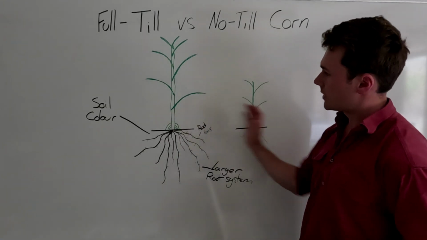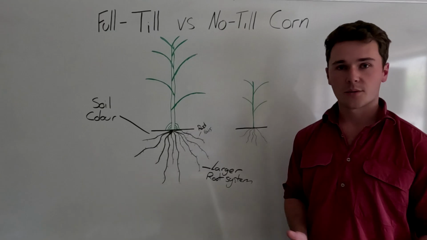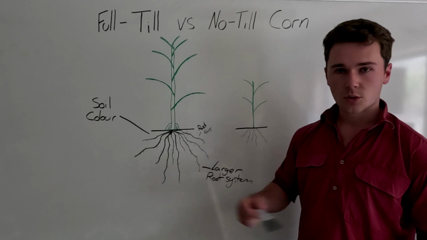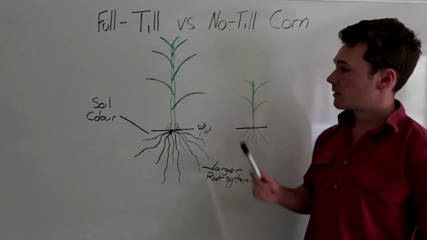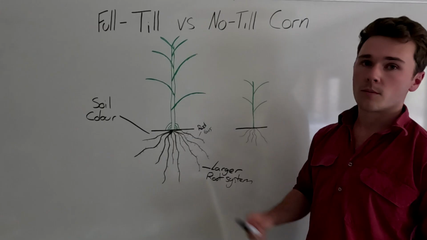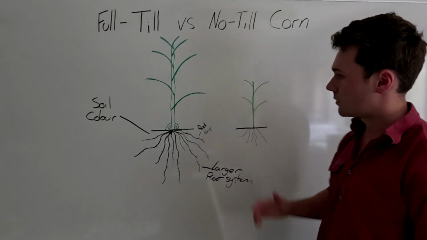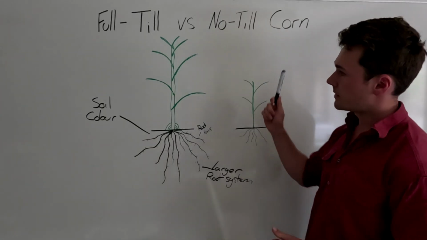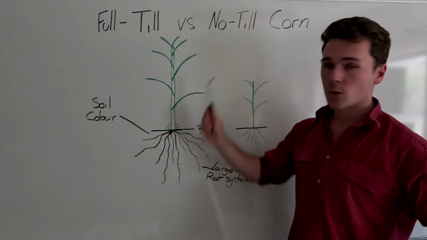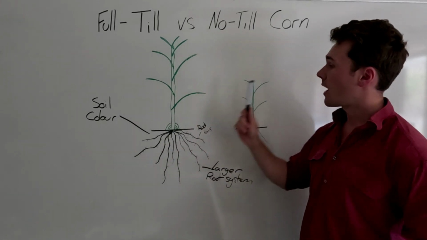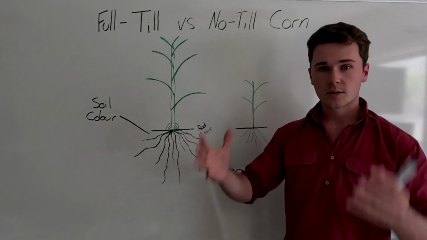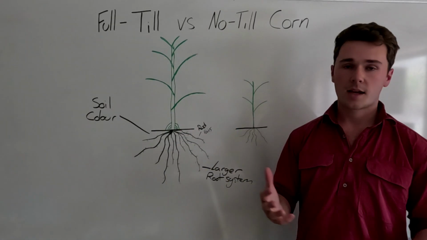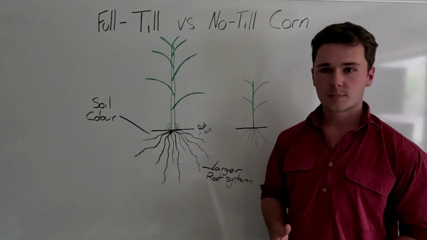So when we compare these two, now I didn't have a brix reader, that would have been really good to know how much sugar those two plants were producing, but I would have guessed that this one was producing so much more than the full-till corn. So an increase in photosynthesis means an increase in carbohydrate production, which means when it comes to grain fill, our no-till corn is going to significantly outcompete our full-till corn, just because so much more energy is being pumped into those kernels, producing a bigger ear of corn.